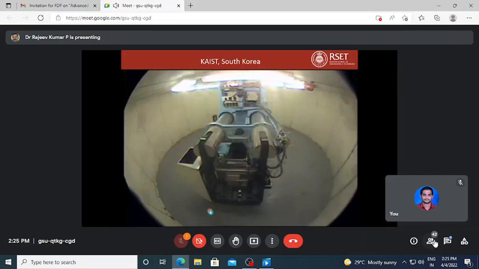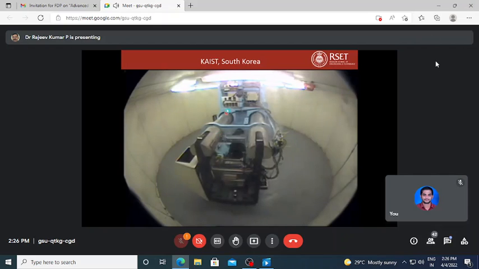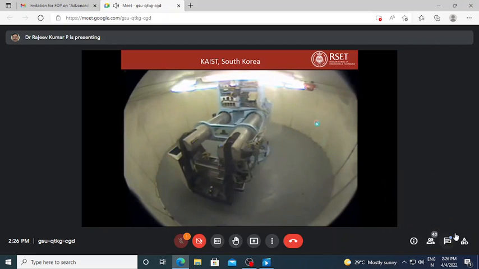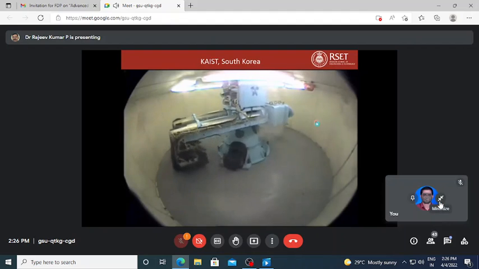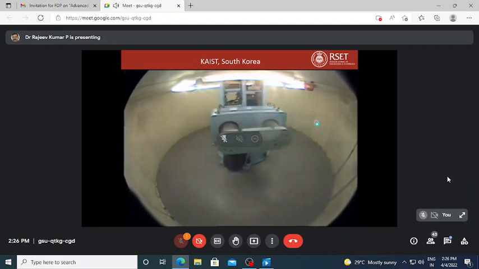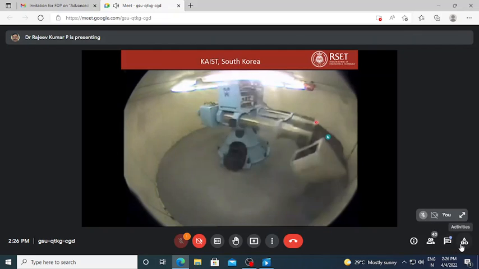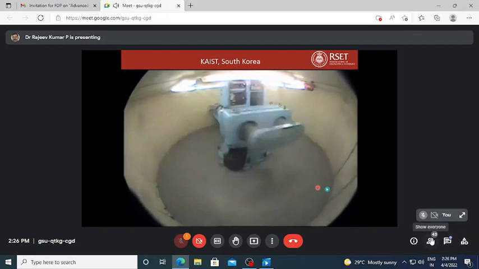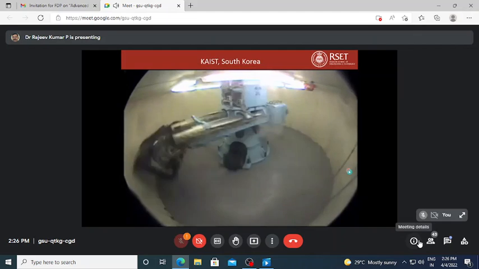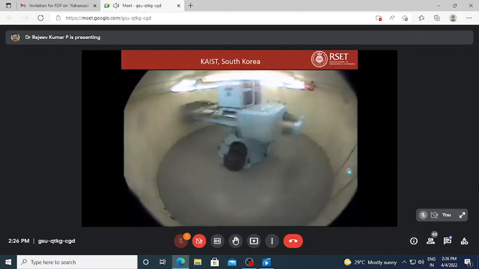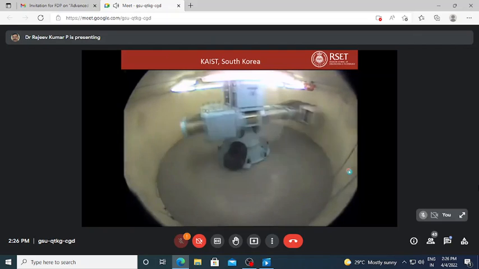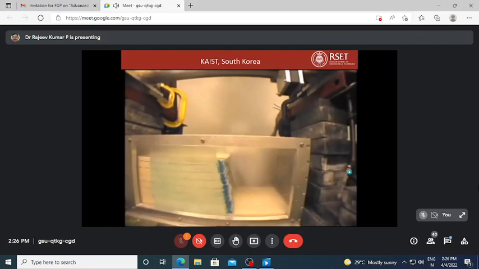Okay, you can see this video of how a typical geotechnical centrifuge moves. You can see here, at one end you have a swinging bucket, where you can keep the model, which is your sample.